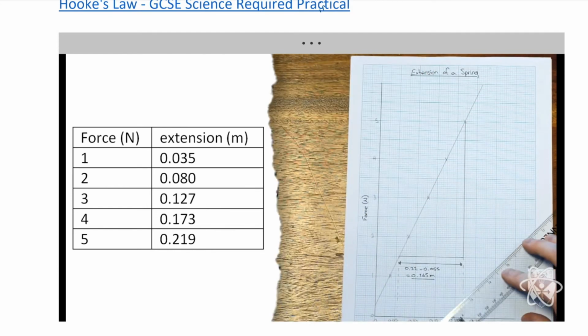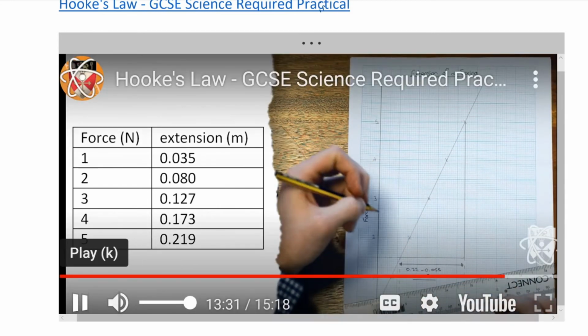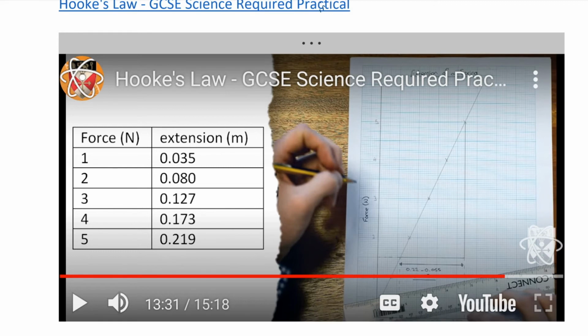The height of the triangle, doing the same process then on the other axis. Here I've got 1.5. Now you may want to fast forward the video. You might find this straightforward and just do it yourself. But I'll let the video run because it's good for you to see how to calculate the gradient.